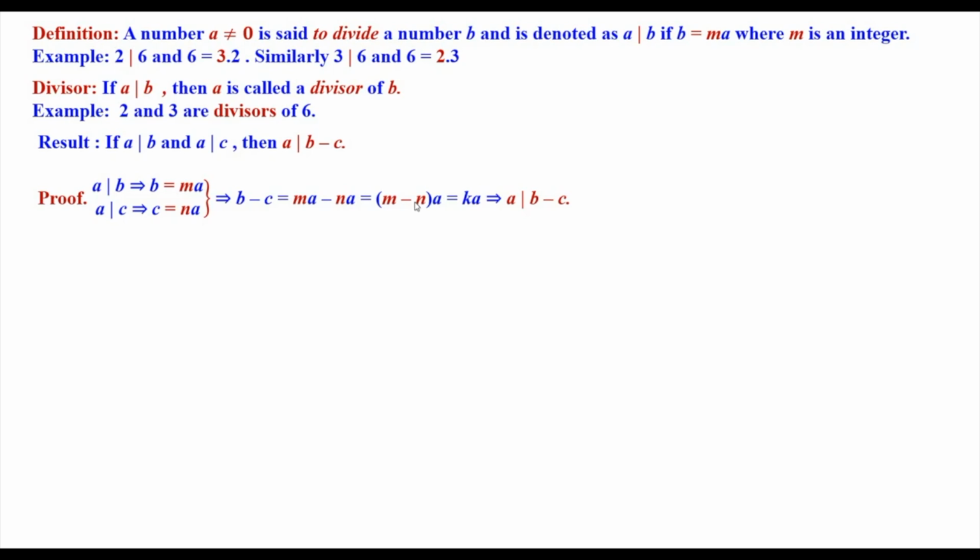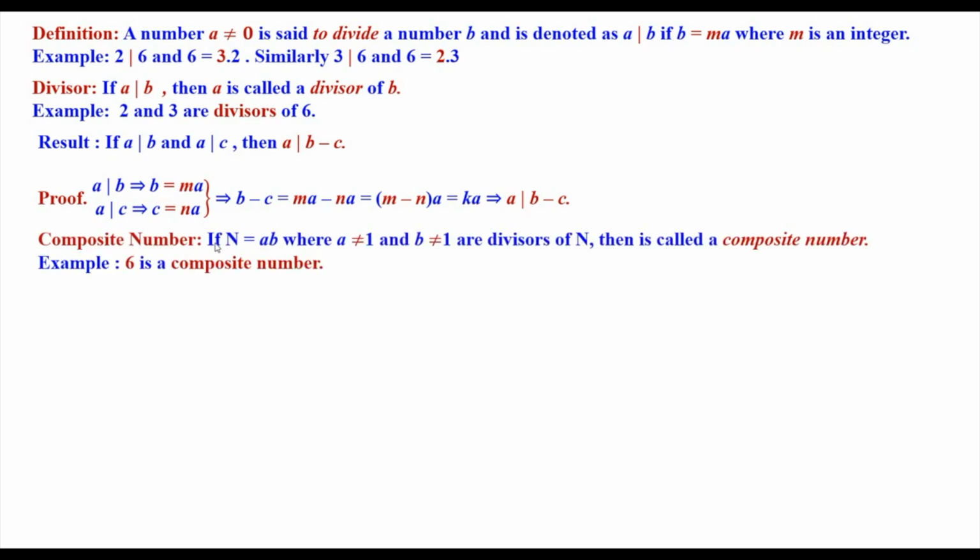Taking a common, we have m minus n times a. M is an integer, n is an integer. The difference is also an integer. So we have that to be k times a, which means that b minus c is an integer times a. So as per this definition, a divides b minus c. So that is our result.